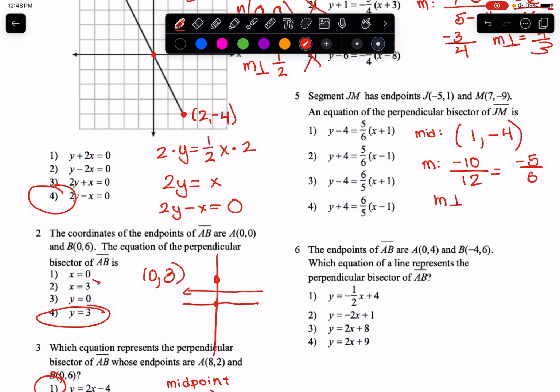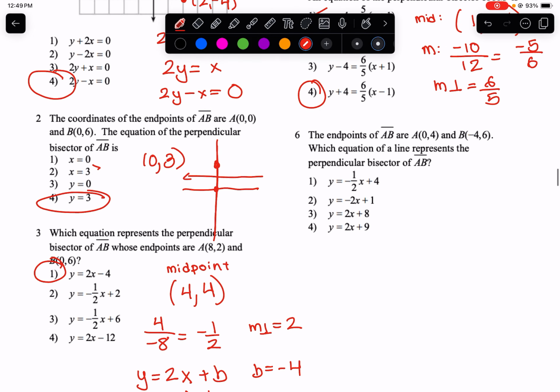The slope perpendicular is 6/5. Eliminate anything that doesn't have 6/5. And we look for opposite signs in point slope and read 4.